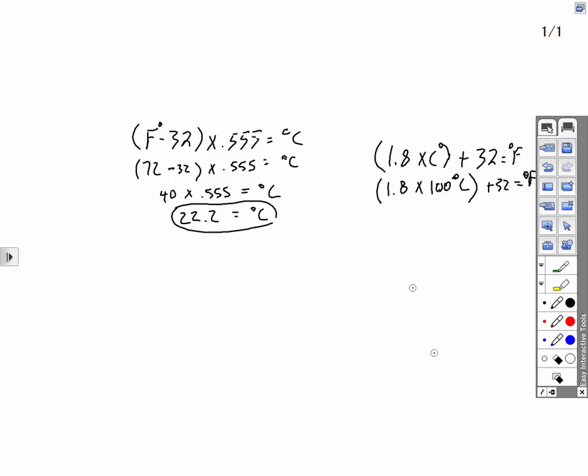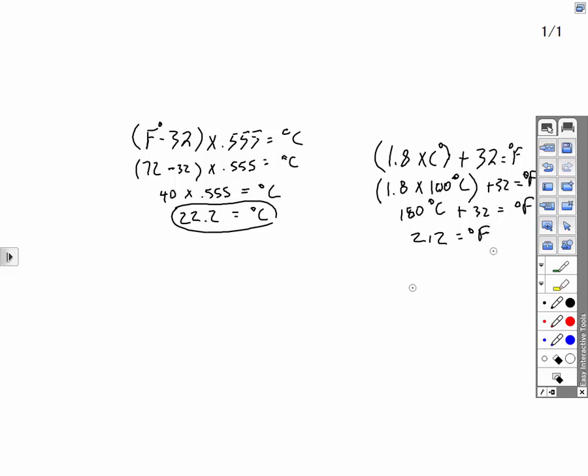All right, so 1.8 times 100, I believe that's going to be 180, and that is in degrees Celsius, plus 32, and that'll give me degrees Fahrenheit. 180 plus 32, if you add that together, you're working with 212, and that is degrees Fahrenheit.